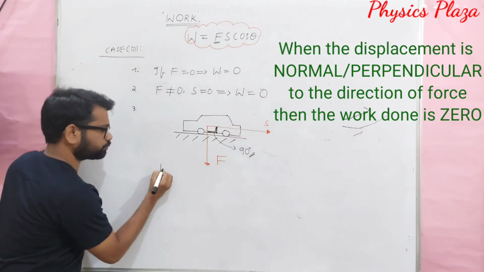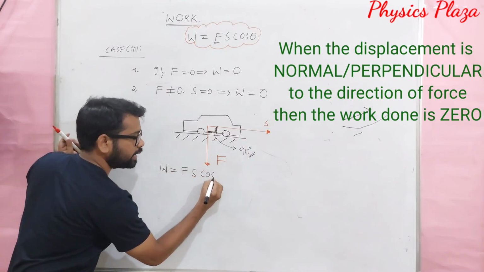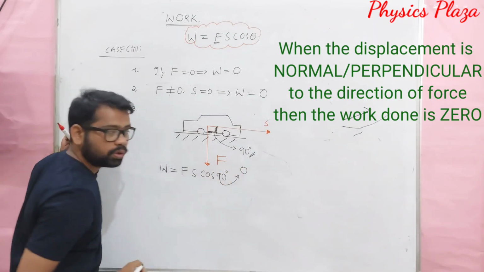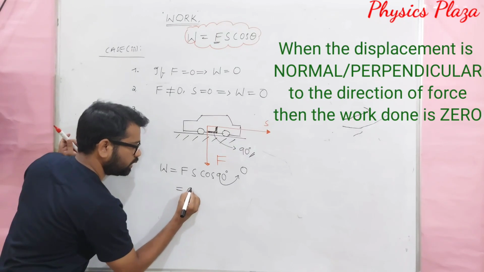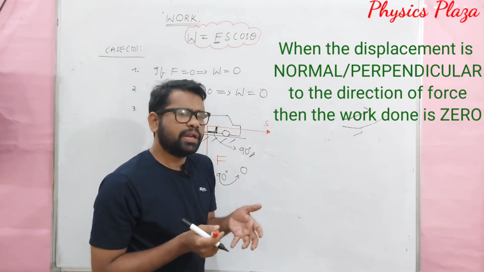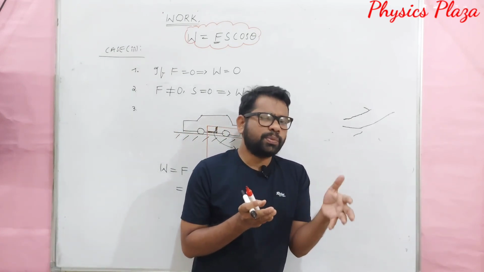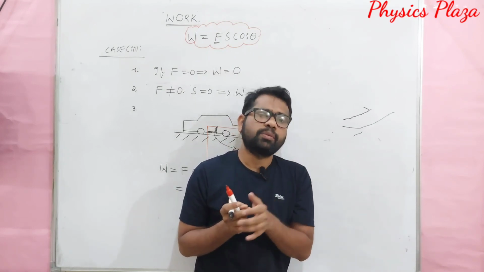So, children, here W is equal to Fs cos 90 degrees. Children, cos 90 degrees value will be 0. So, 0 into Fs will be 0 only. Children, scientifically, it is not that if force is acting and there is a displacement, then we can say that some work is done. It's not that actually. So, the angle also matters.